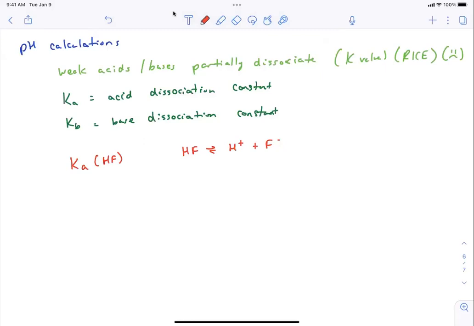When I say Ka of HF, that means HF is acting as an acid. So I wrote the reaction of HF next to it, which means the Ka expression is H plus times F minus over HF.